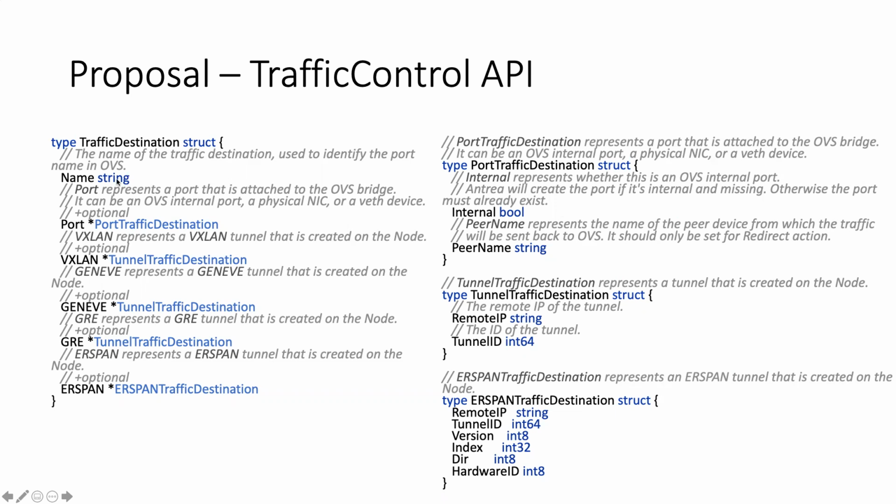But that requires that destinations with the same name should have the same properties. For example, you cannot create one name with internal set to true, and another traffic control policy using the same name, but it is a VXLAN tunnel traffic destination. That will not be supported.